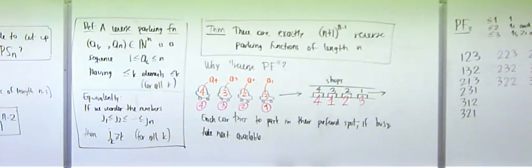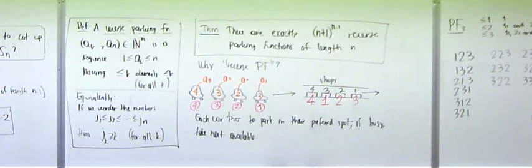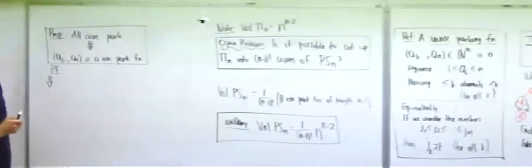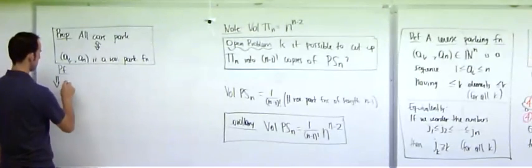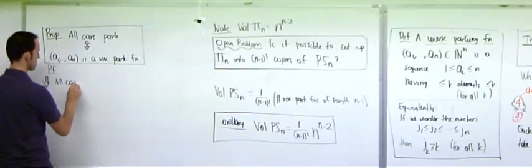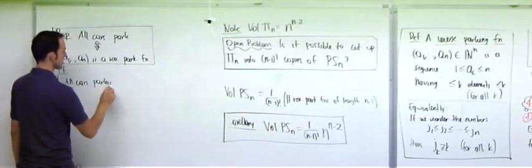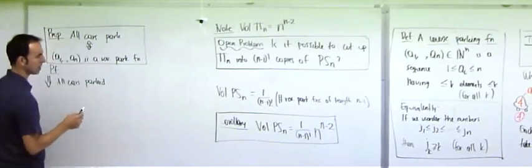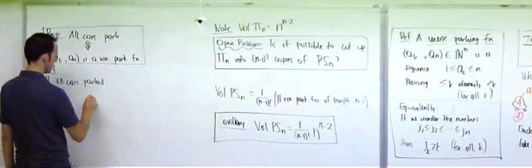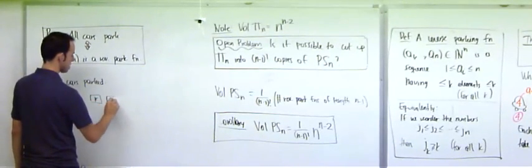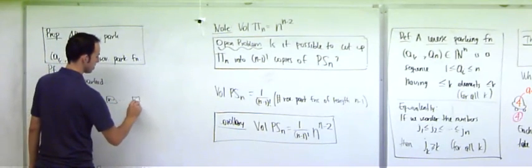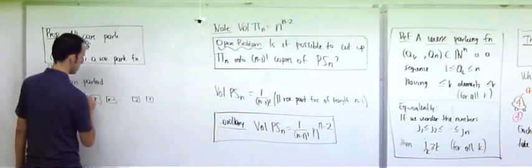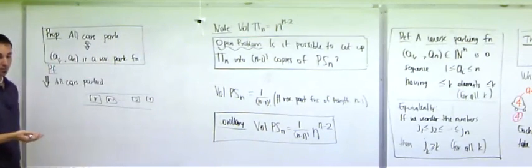This is easy actually. Proof. So first let's prove this direction. Suppose that all cars parked. Then if you look at the parking spots k minus 1, 2, and 1, they're all busy.